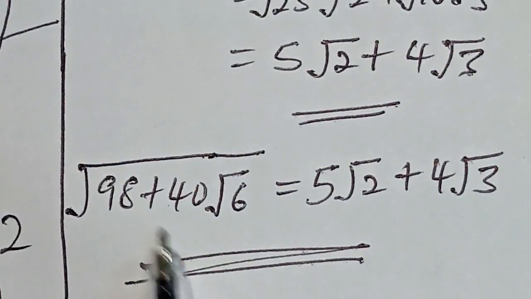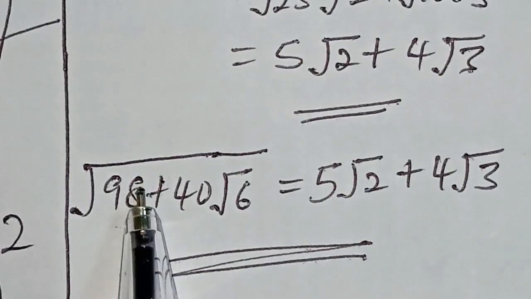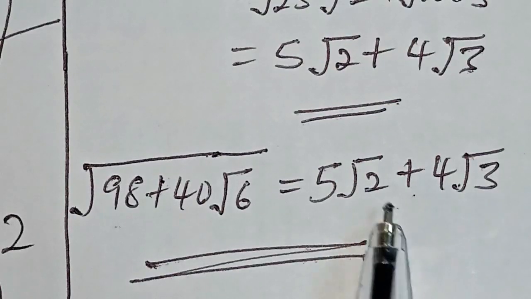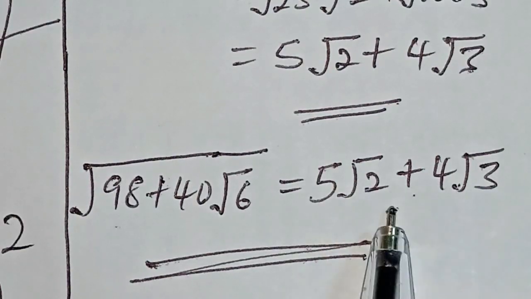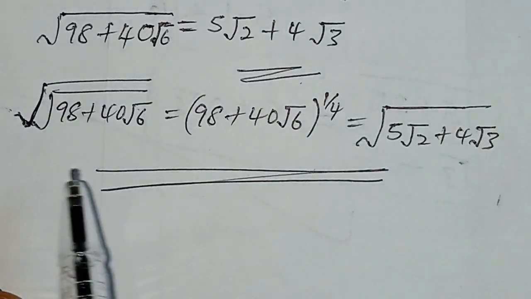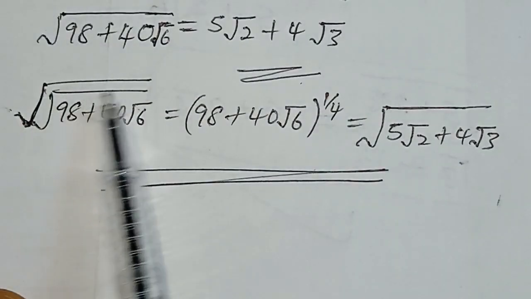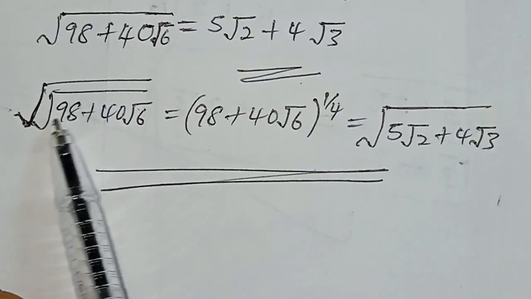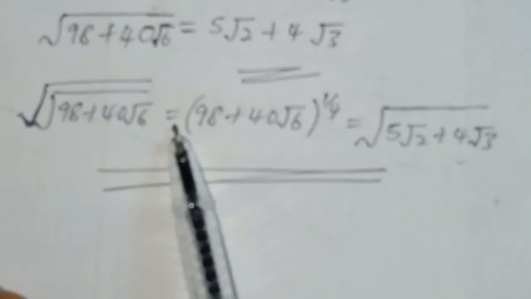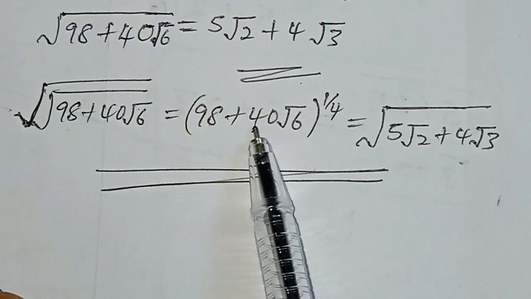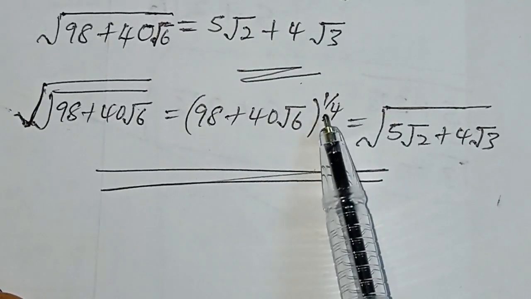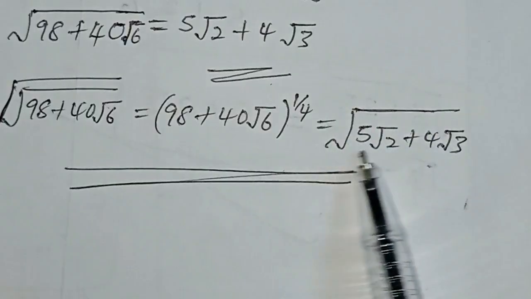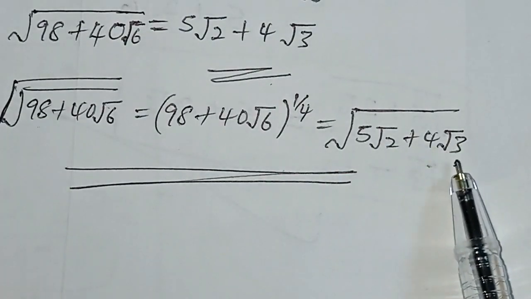This means that since this radical expression is equal to this simplification, we can express the whole given expression earlier as 98 plus 40 square root 6, in brackets, to the fourth root, which is also written as square root of 5 square root 2 plus 4 square root 3.